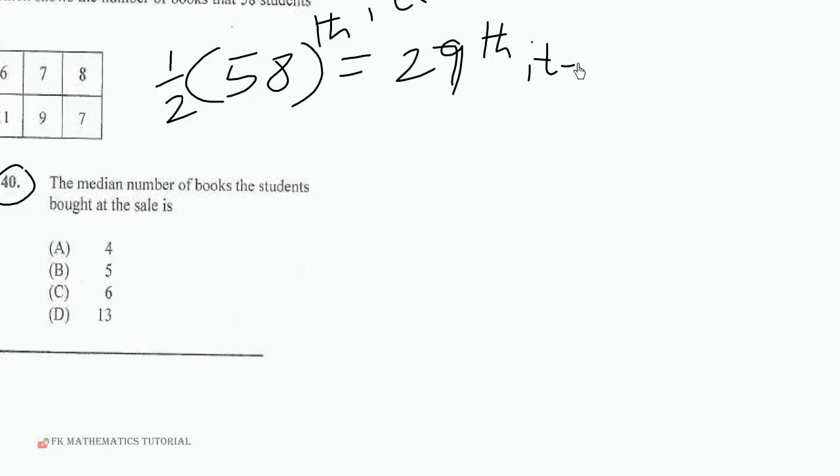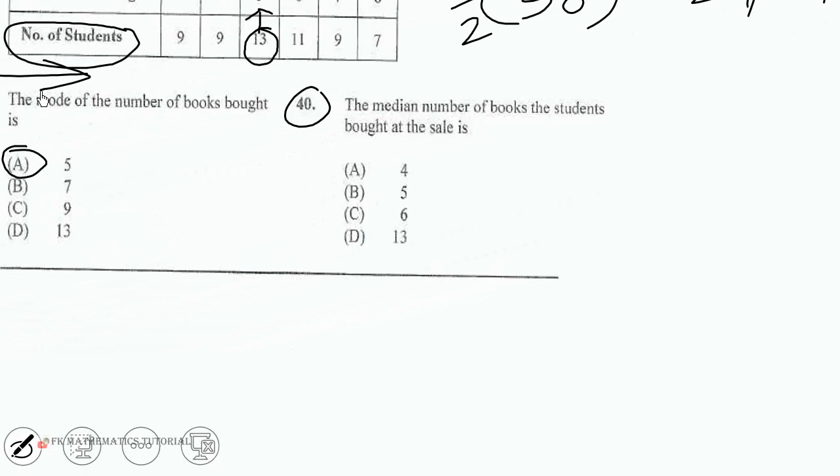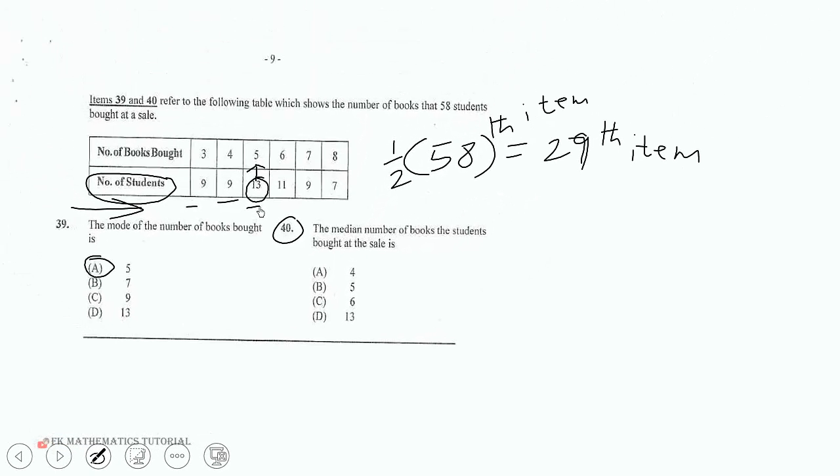To find the 29th item, we add from the left until we get to 29. 9 plus 9 is 18, plus 13 is 31. So that one is pointing to 5.